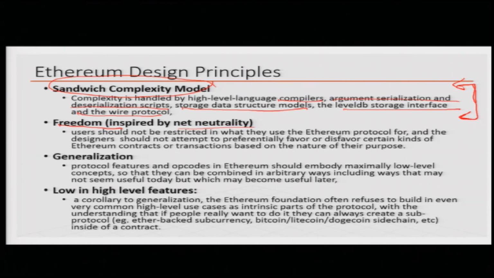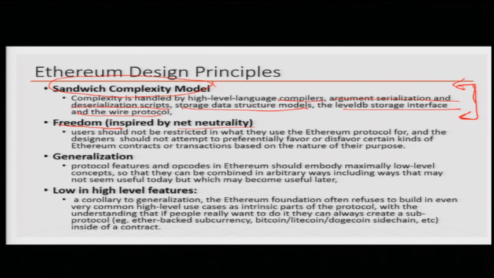The way Bitcoin has been designed is singularly meant for Bitcoin transactions. What Ethereum decided is that they should not restrict the users, so the platform does not preferentially disfavor a particular type of transaction or application.